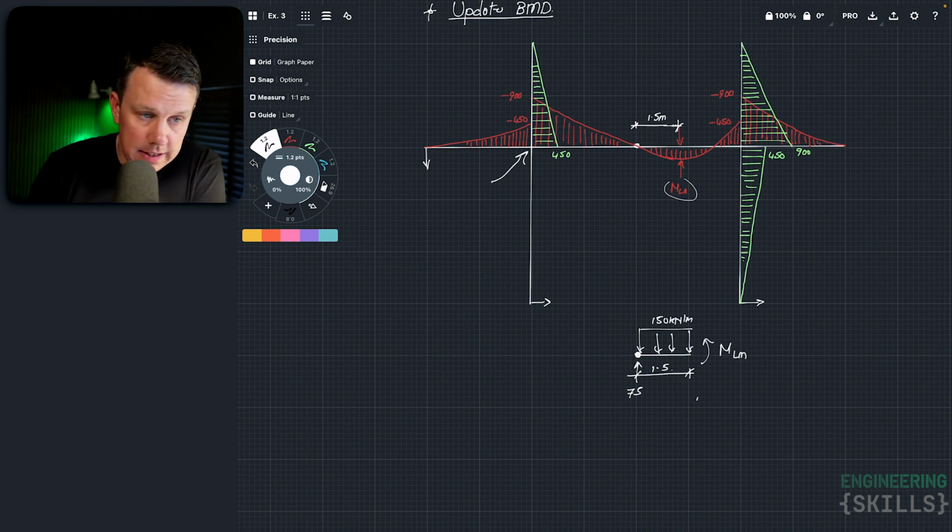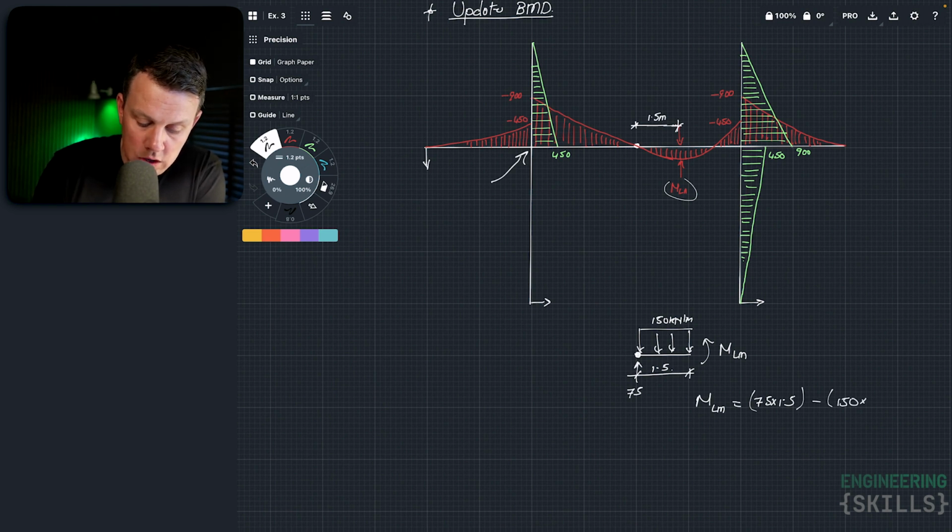So we can say that M local max, taking the sum of the moments, is equal to 75 by 1.5 minus 150 by 1.5 squared over 2, which gives us the local max of 56.25 kilonewton meters as shown, tension on the bottom side.